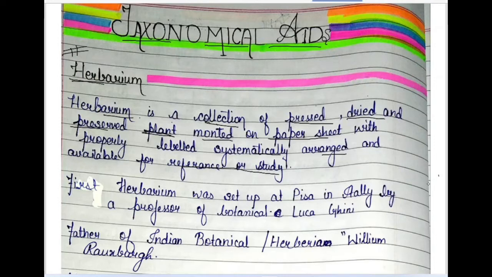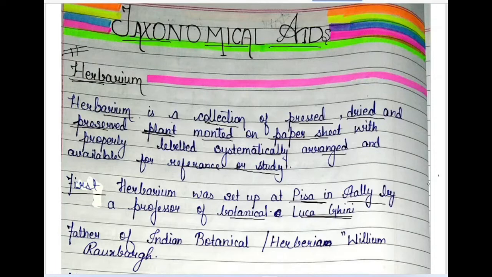That means first we have to collect the plant species, then press it under paper, dry it, preserve it, mount it on a paper sheet, and properly label it, so that it is available for reference and study. The first herbarium was set up in Pisa, Italy, by the professor of botany Luca Ghini.